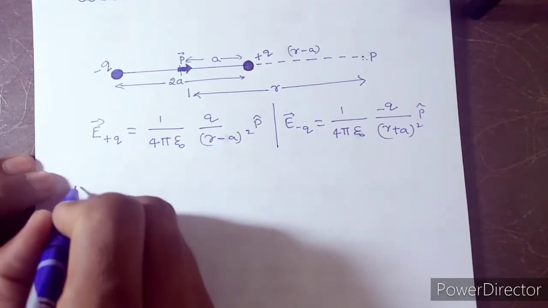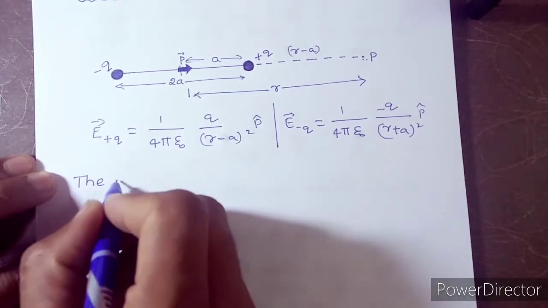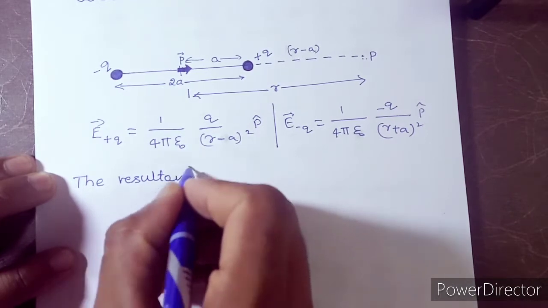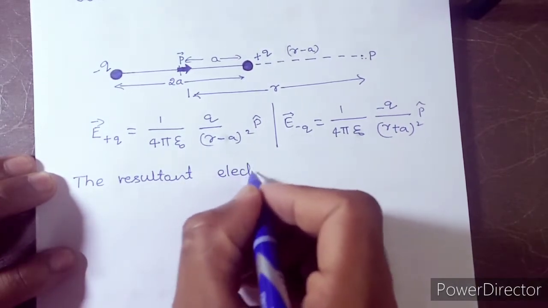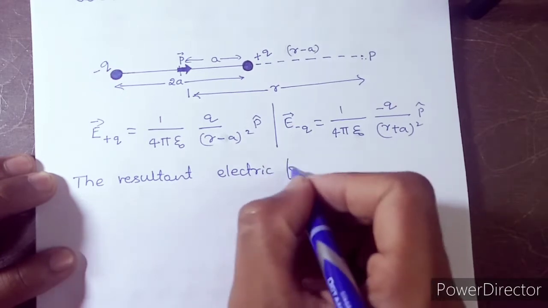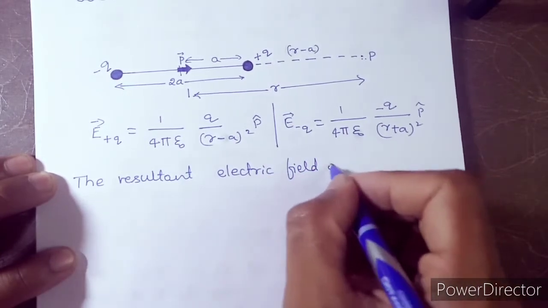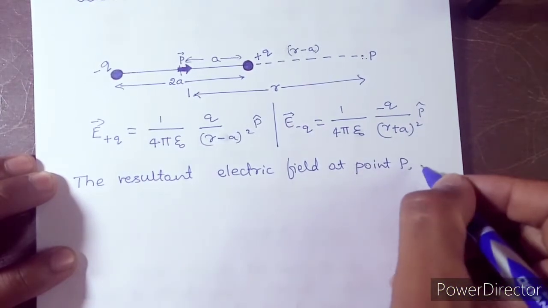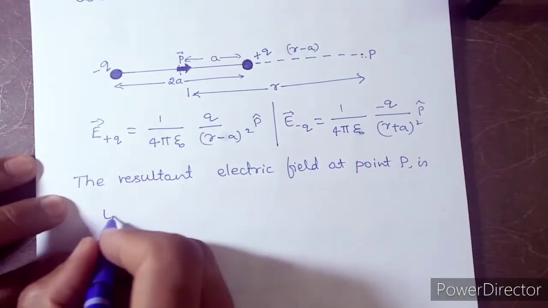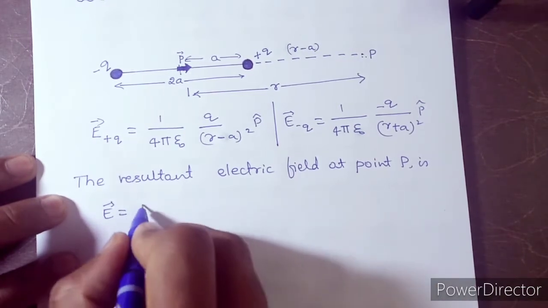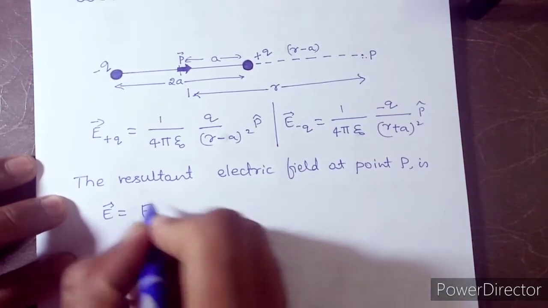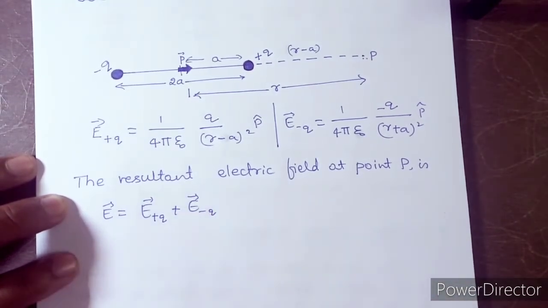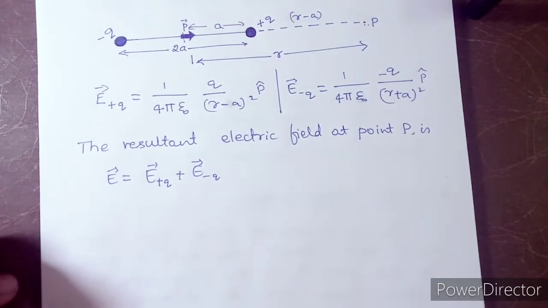So hence the resultant electric field at point P is E is equal to E plus Q and E minus Q. That means electric field due to plus Q and electric field due to minus Q.